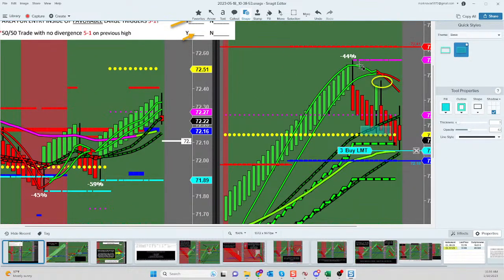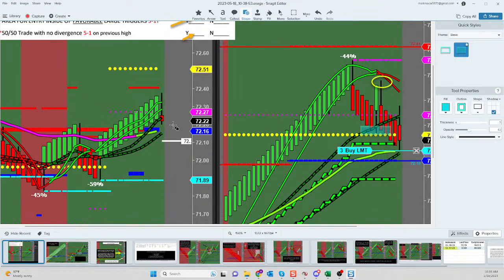This was a 50-50 with divergence. It came back to the area inside of favorable large triggers. And then it went in the direction of the trade and it gave you a reversal bar and failed right there at the small triggers. And now it's on its way back. That 50-50 already tried to work and didn't and couldn't.